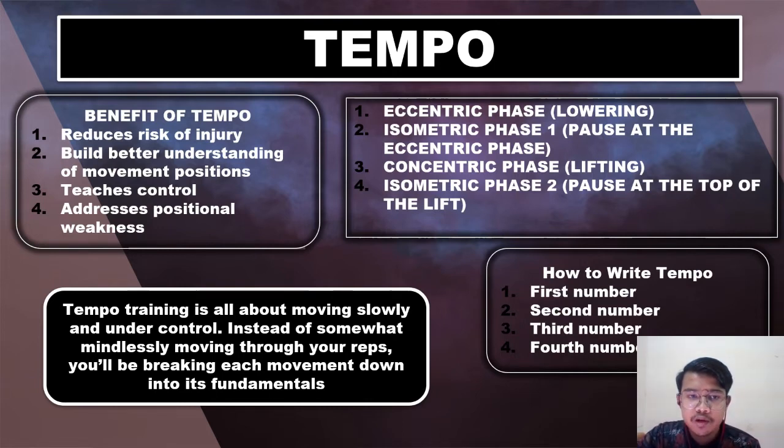Next is the benefit of tempo. The first one is teach control. Tempo training essentially teaches you to slow down the movement and maintain control throughout the entire time. It means that you cannot speed through and rush through your reps just to get them finished.